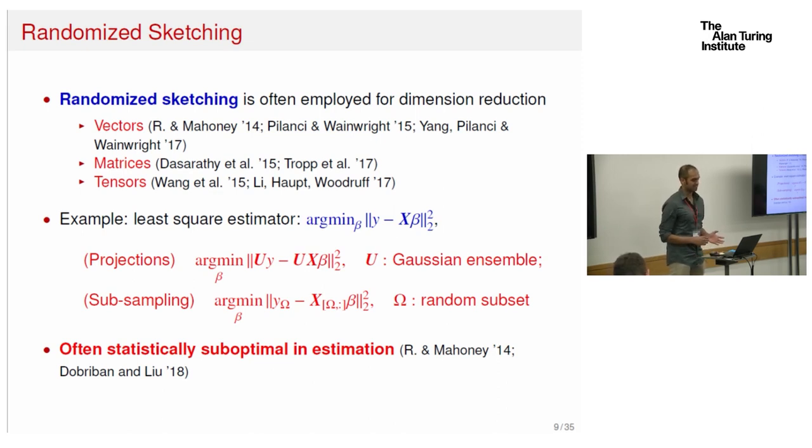I'm oversimplifying, but the main reason is that the way we're doing sketching here is effectively just subsampling, which is throwing away most of your data, which from a statistical point of view isn't going to make your life better. That's why these approaches, although they have some nice properties in other respects, are not really suited to doing well statistically.